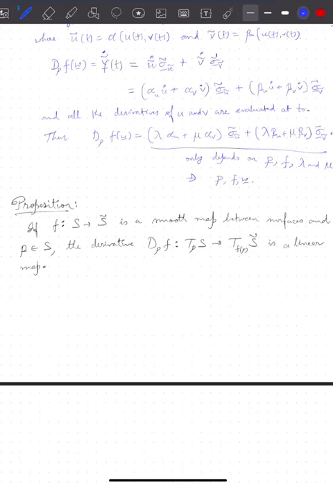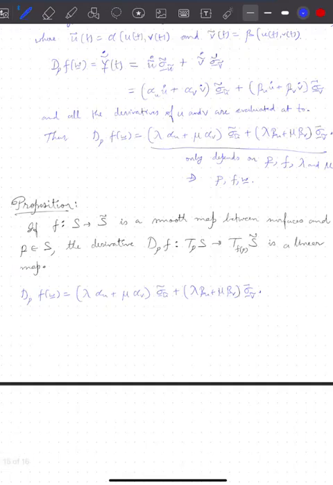And the proof follows from here itself. So the idea is that if f is a smooth map between surfaces, then the derivative dp f is a linear map.